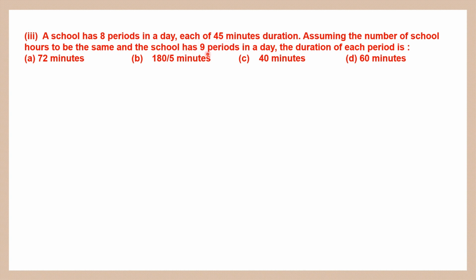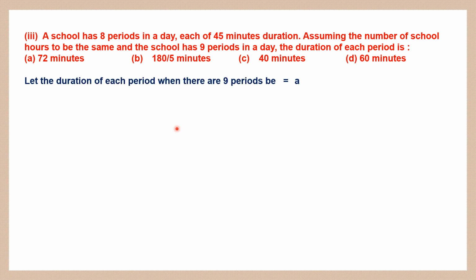Now they are increasing the number of periods with the same number of hours. The hours are the same. So they're increasing the number of periods. So what happens to the duration of each period? The duration will reduce, isn't it? Because one more period has been added. So you can't have 45 minutes for each period. It will reduce.